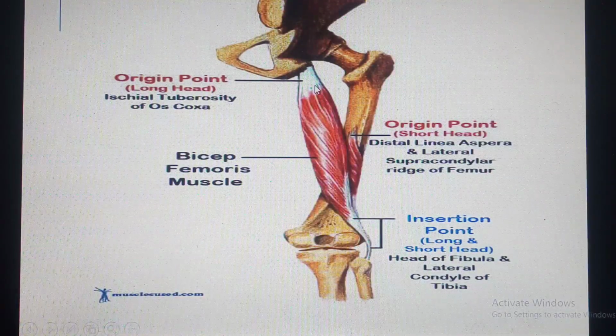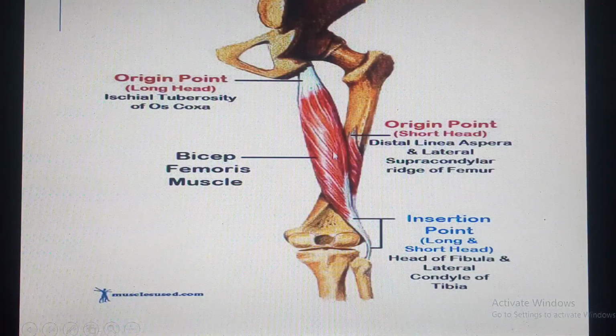The word biceps means that it's going to have 2 heads and therefore 2 origins. It's going to have a long head and a short head. Now the long head originates from the ischial tuberosity, the superolateral aspect of the ischial tuberosity.